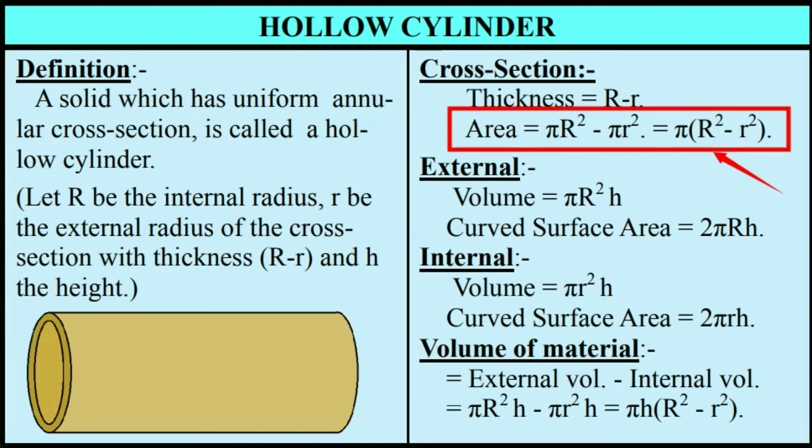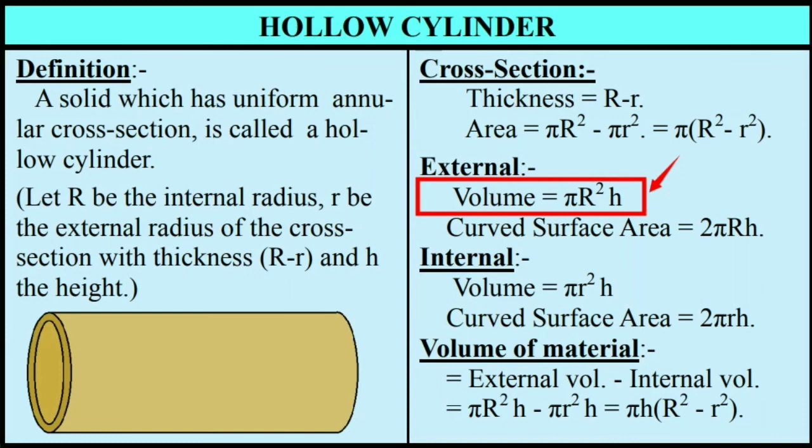And finally, it is pi multiplied by difference of the square of two radius. And this capital R square minus small r square can also be written in the form of formula a square minus b square is equal to a plus b multiplied by a minus b.